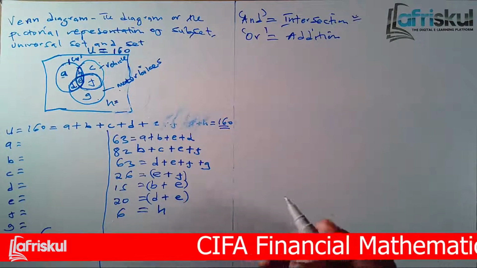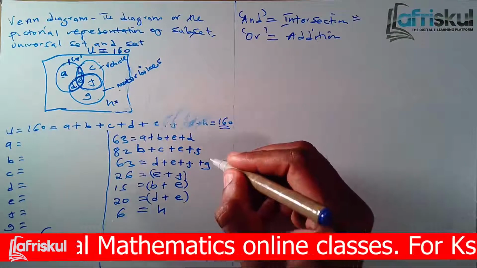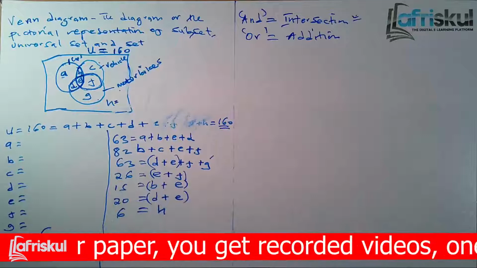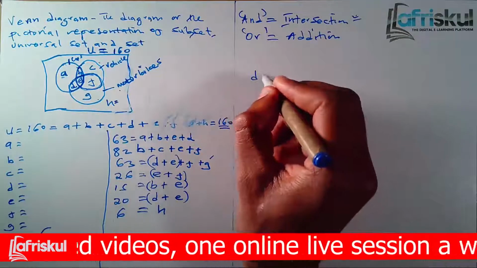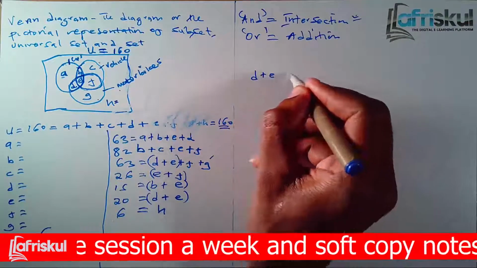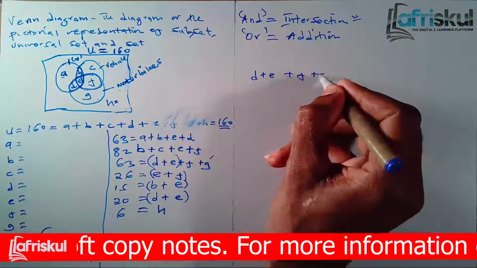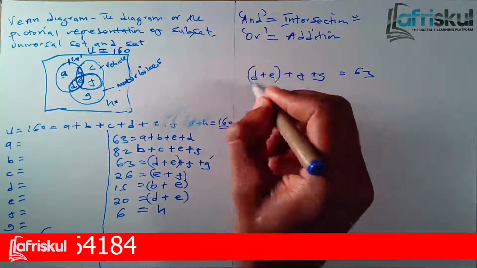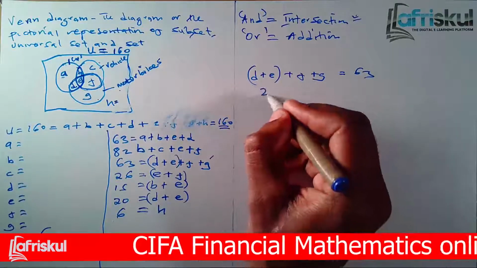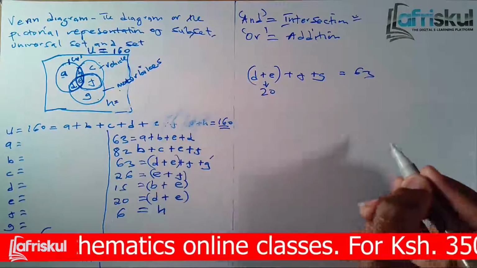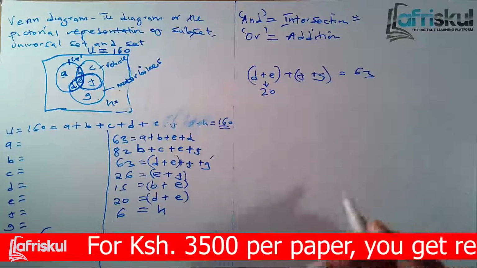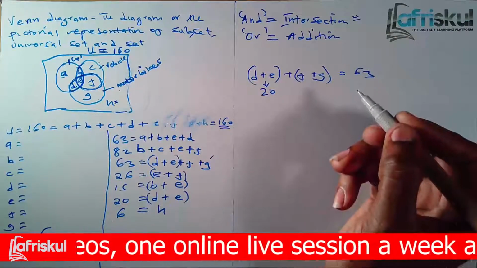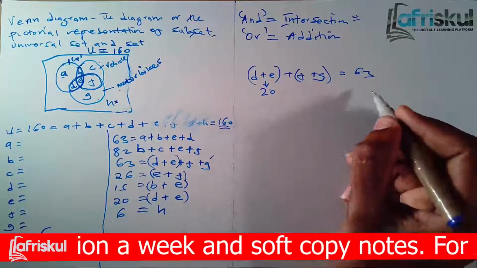Therefore, we can begin even with this one, because the examiner has given us D plus E plus F plus G, which equals 63. The examiner has given D plus E as 20. Therefore, when this is 20, we can even get this. 20 minus 63.